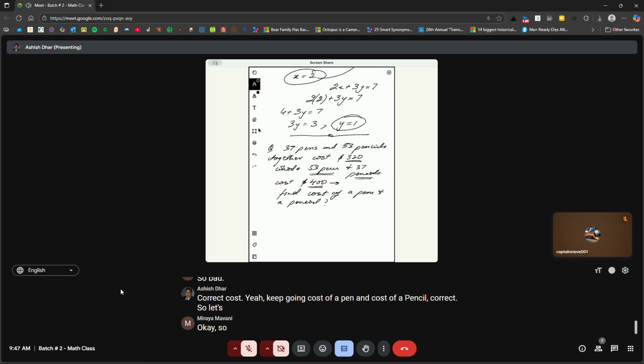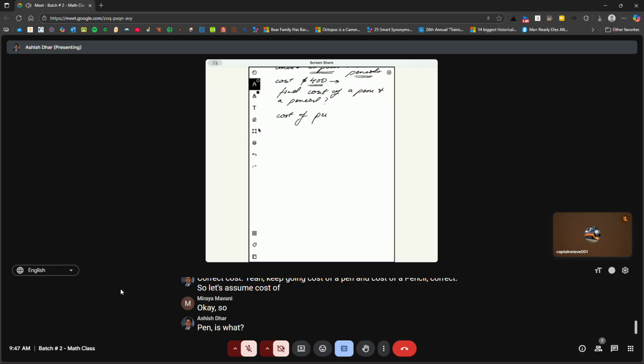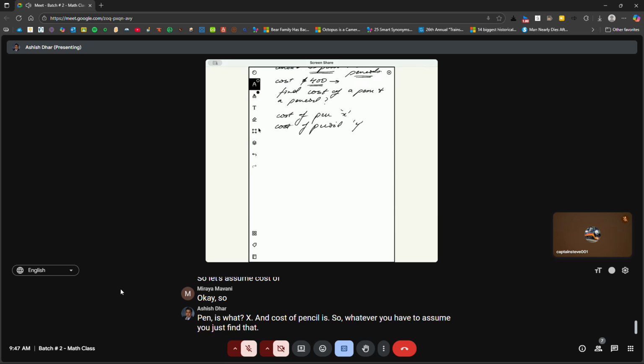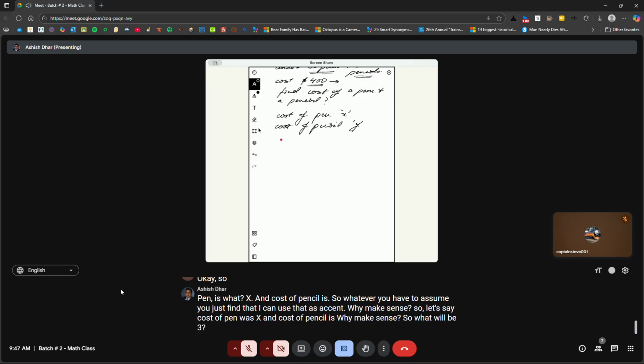Correct. So let's assume the cost of a pen is x and the cost of a pencil is y. Whatever you have to find, you use that as x and y. Make sense? So 37 pens will be 37 times x, correct?